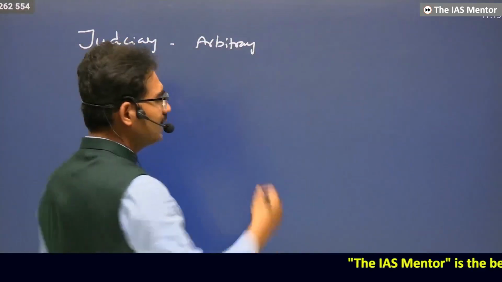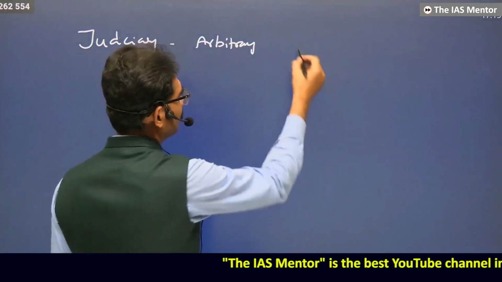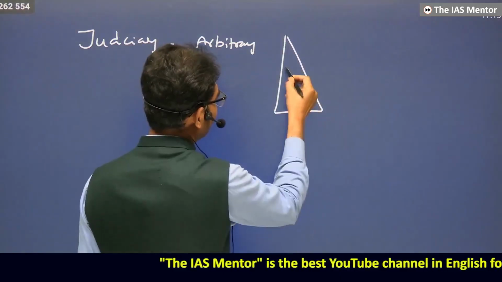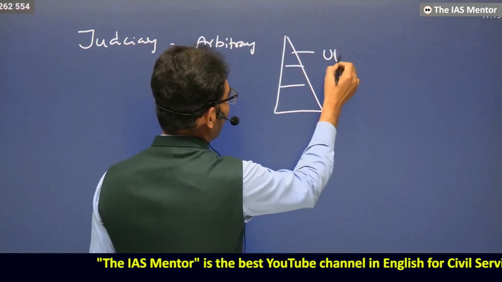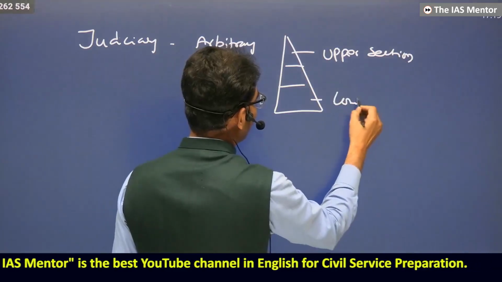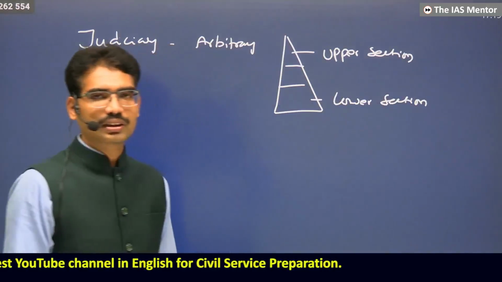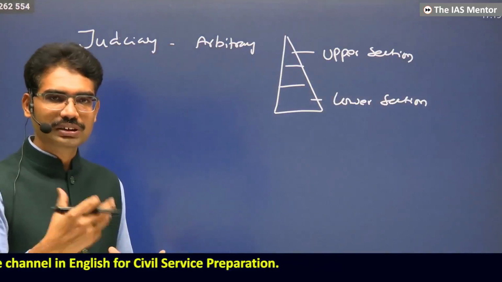Judiciary, arbitrary. People do not have any say in deciding what kind of judgment. And this judgment also varies depending on social category. Upper sections, a different law. Lower sections, a different law. If a common person commits murder, severe punishment.